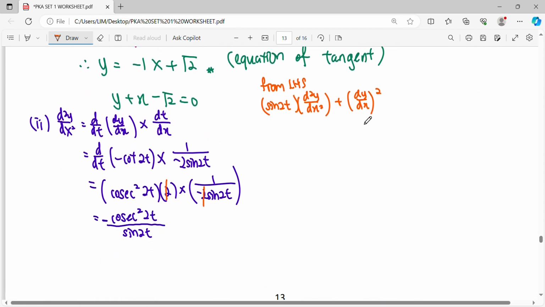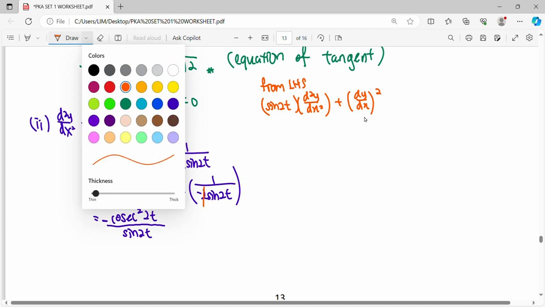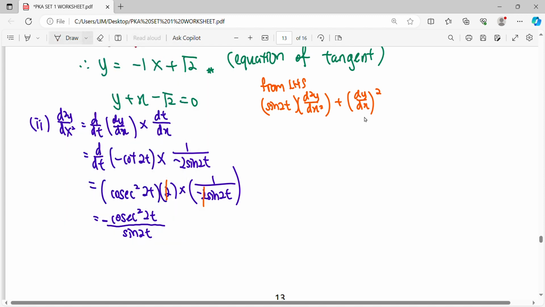Alright, so we substitute our second derivative. And the first derivative is negative cotangent 2t squared. So start from this and try to simplify until you get -1.